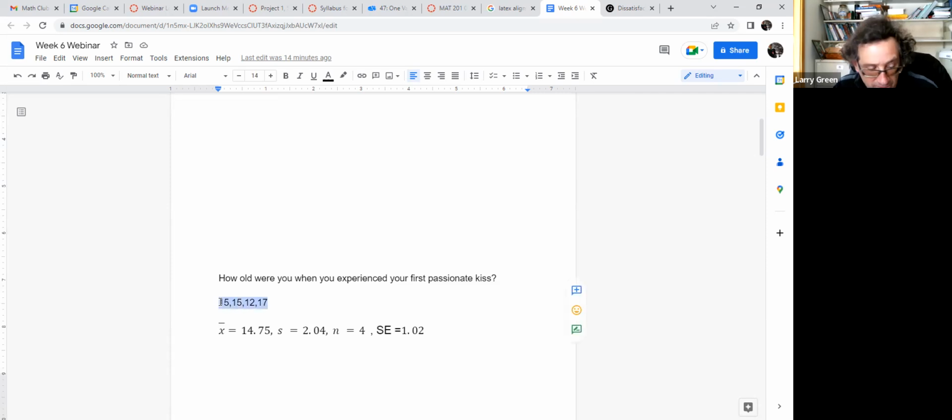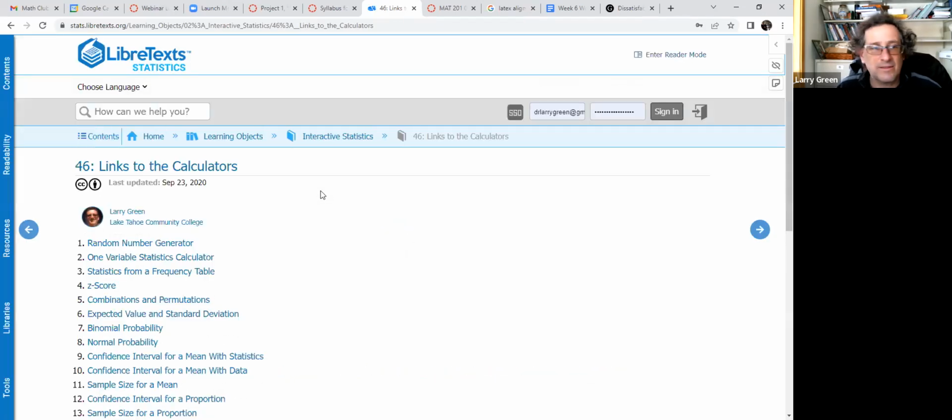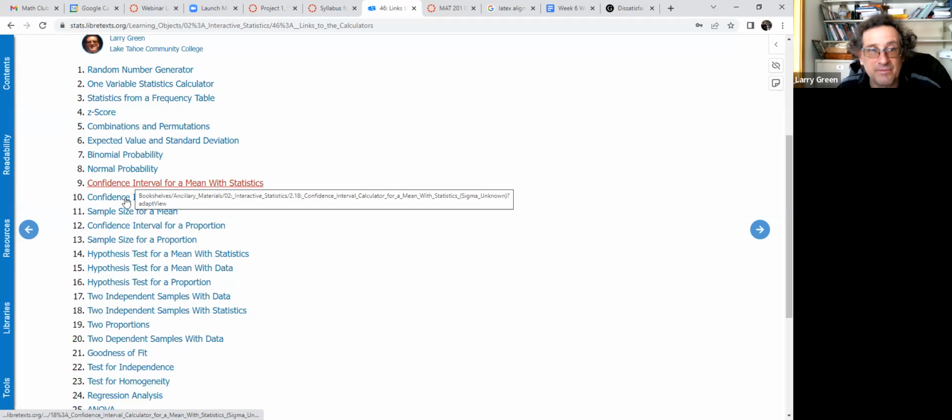I need to do differently because of, as I mentioned, the student's T distribution changes things a bit. So I'm going to go to the calculator, and I'm not going to go to one variable stats. I'm going to go to confidence interval for a mean with data.